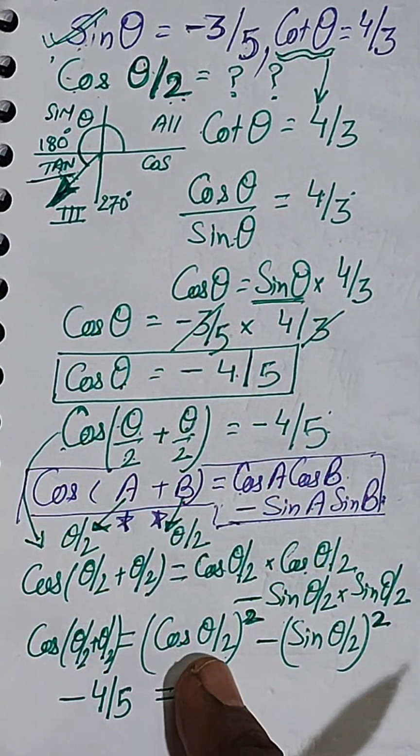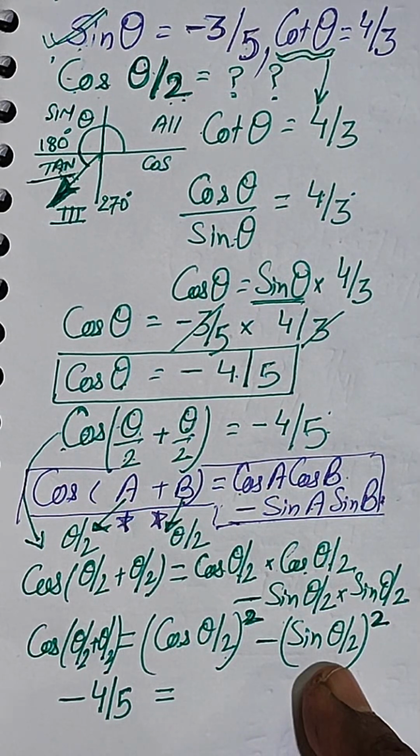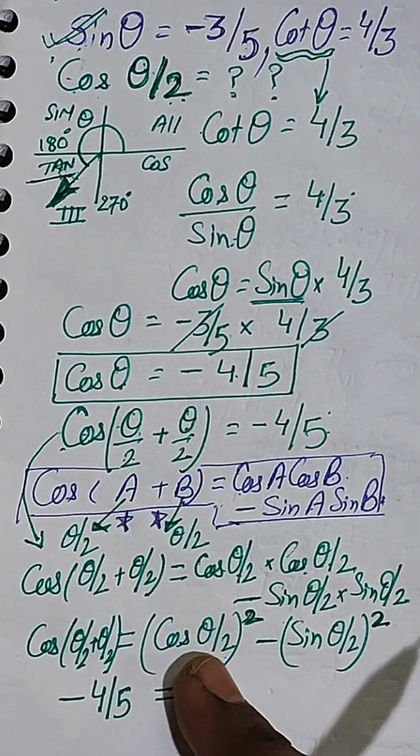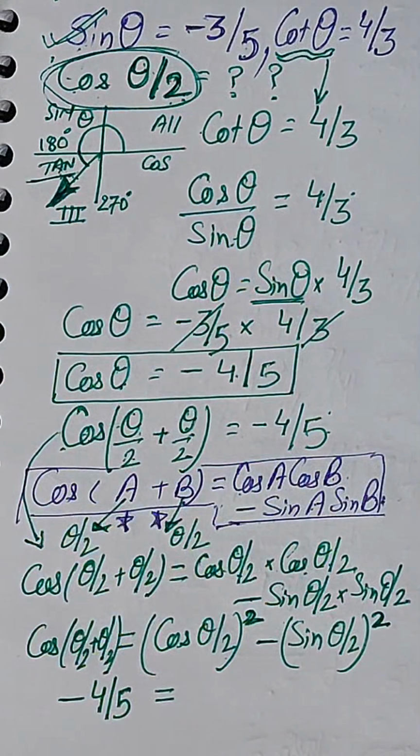And we are about to find the value of cos theta by 2 only. So leave it as it is and expand this sin theta by 2 in the form of cos theta by 2. Why? Because we are going to find the value of cos theta by 2 only, right?